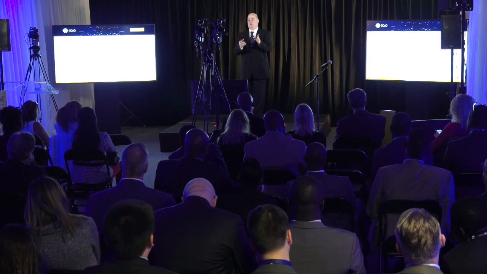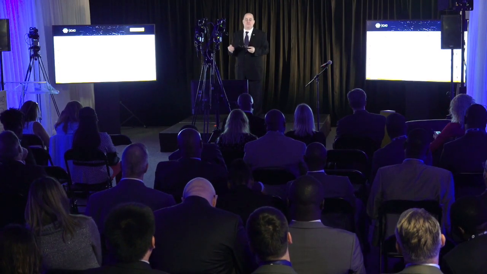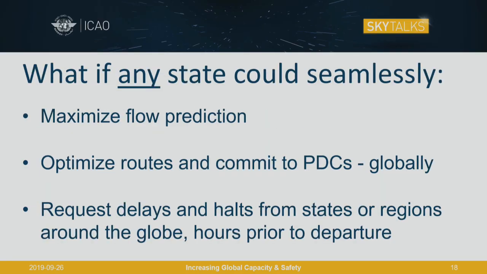So say a flight is handed off from France to NATS, for example. The entry time is not really known. Okay, it's estimated. So what if any state, any ANSP, could maximize the flow prediction by hours, by 4 and 6 hours?